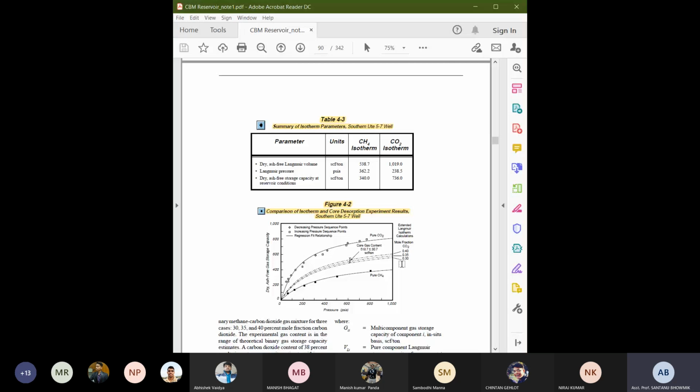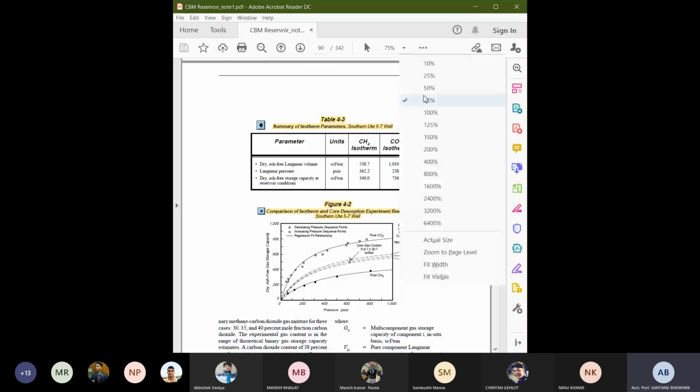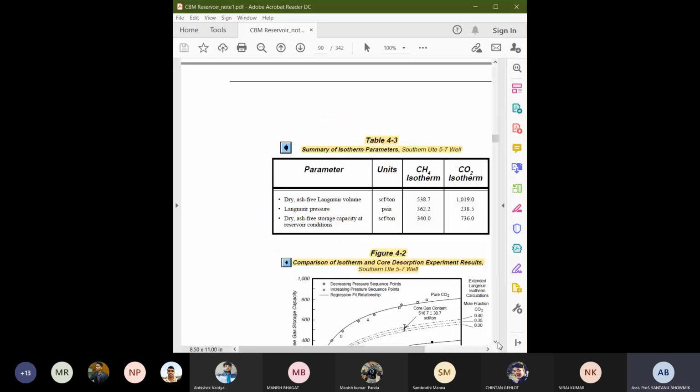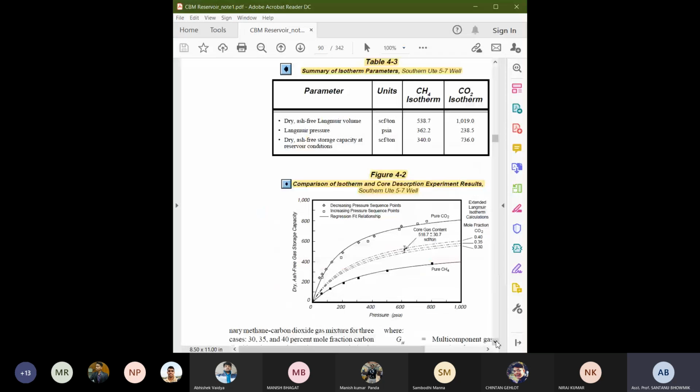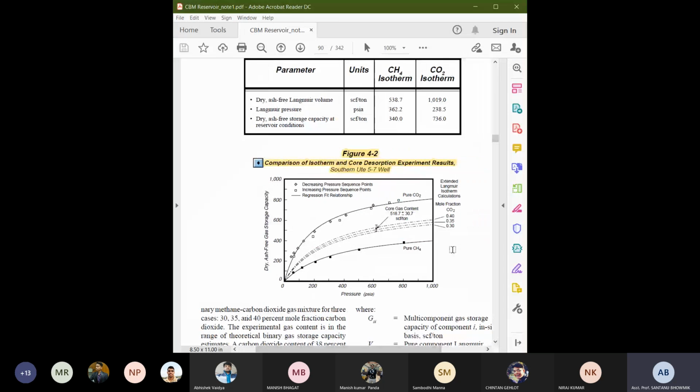As you can see for the mixture, let me increase the resolution of this. If you see the graph very carefully, the mole fraction of carbon dioxide increases from 30 to 35 to 40%. The way you increase the carbon dioxide fraction, the total gas storage capacity increases. Meaning the gas storage capacity increases when the fraction of carbon dioxide in the mixture increases from 30 to 40.